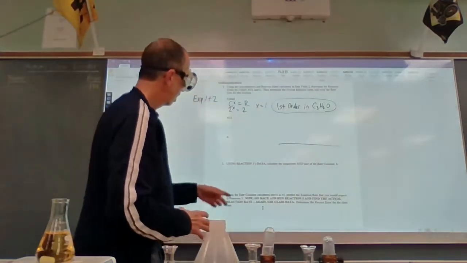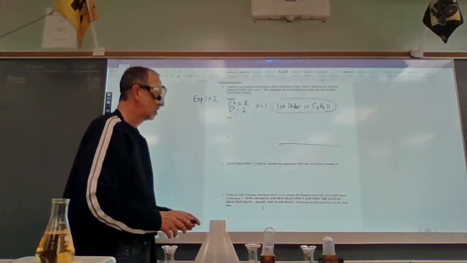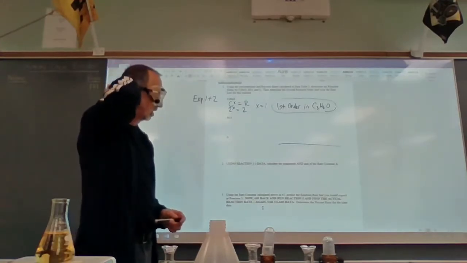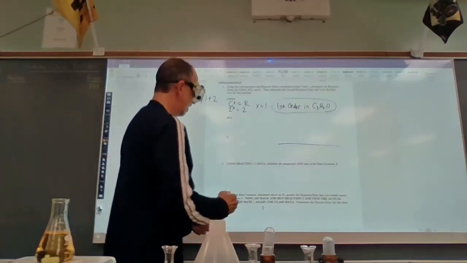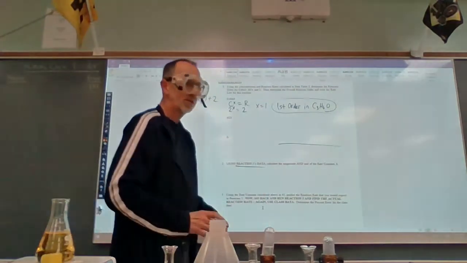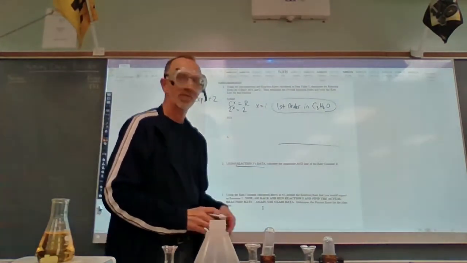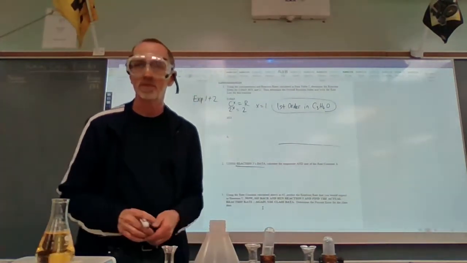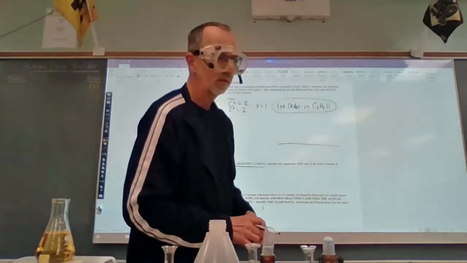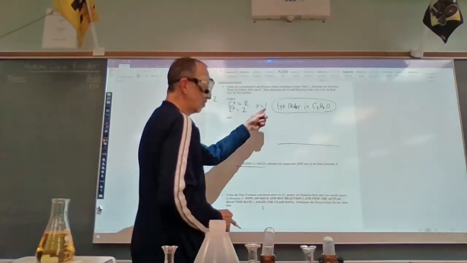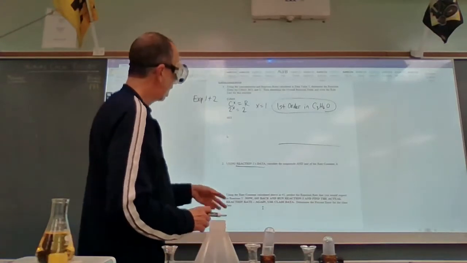Then, in number 2, it says using reaction 1's data, calculate the magnitude and unit of the rate constant K. So we're going to use reaction 1's data. I'm going to go ahead and write the rate law down here. Hopefully you will have calculated that on your own. This one, as we said, was first order.